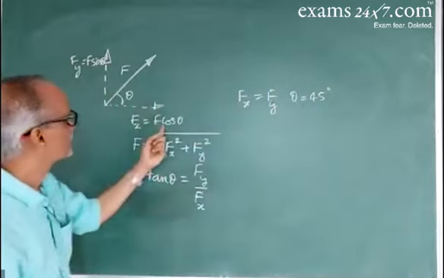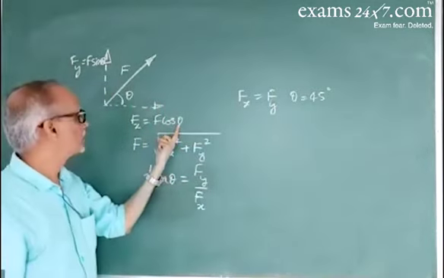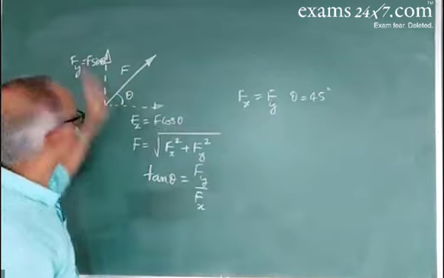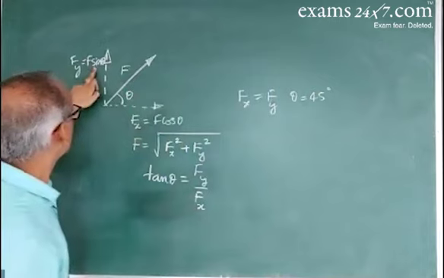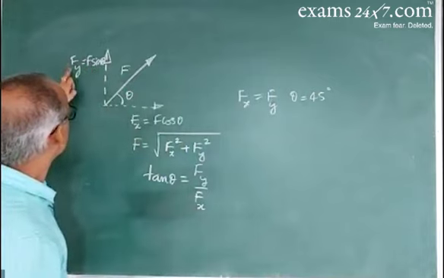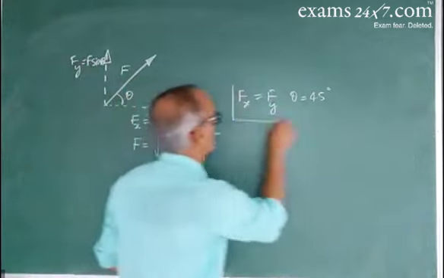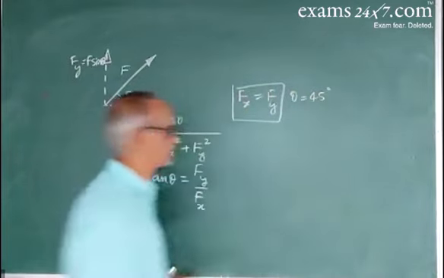You can check that. Cos 45 is 1 by root 2, so it's f by root 2. Sin 45 is also 1 by root 2. So therefore, fy and fx, the two components, are equal only when theta is equal to 45.